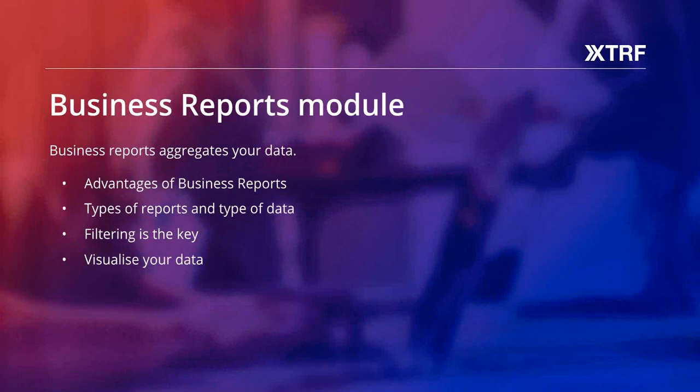Of course, most of you are aware of the fact that there is a reports module inside your XTRF where you can find results that were created with the system installation.